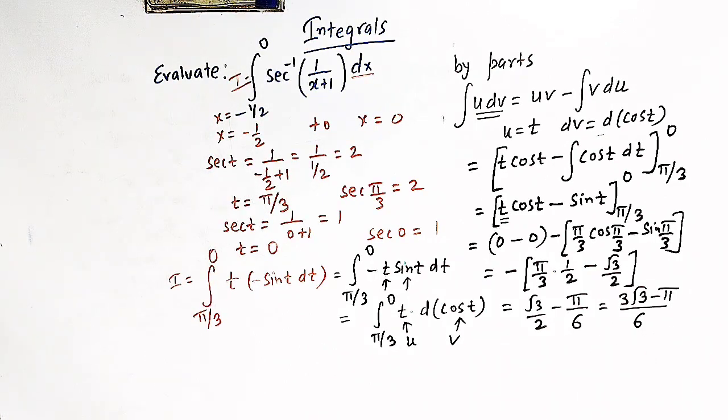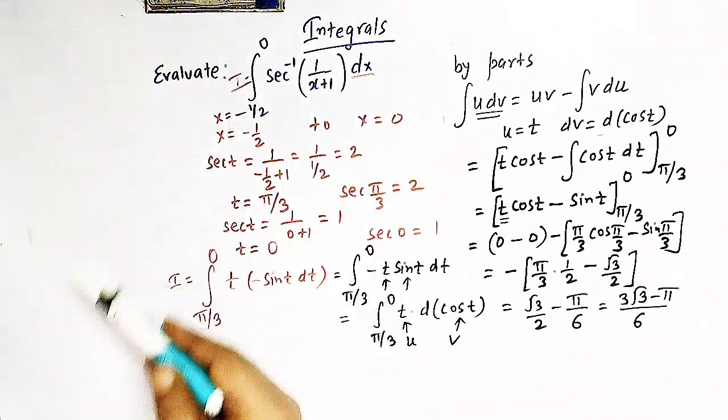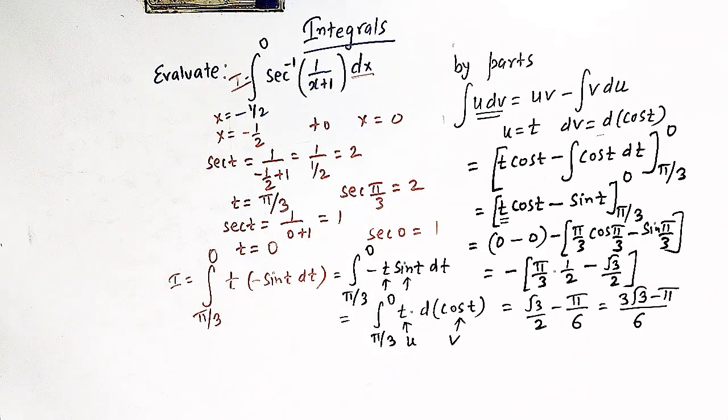So this is how, by making use of two important techniques of integration, the first one is integration by parts, and the second is integration by substitution, we can easily solve these kinds of integrals.